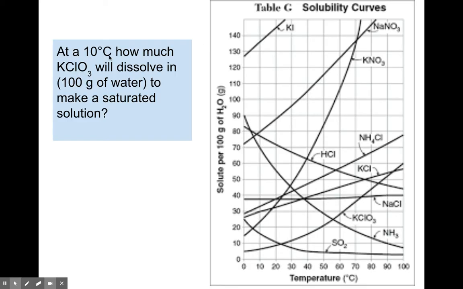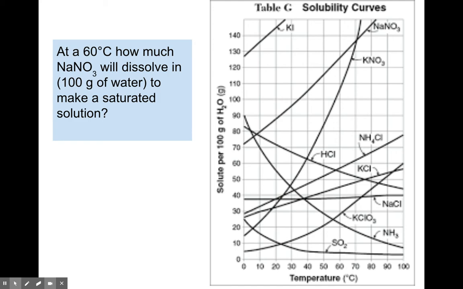10 degrees Celsius, KClO3. Let's find 10 degrees and go up to the KClO3. And there it is, 10 degrees meets the curve. And you go over to the left. Okay. Try this one on your own.